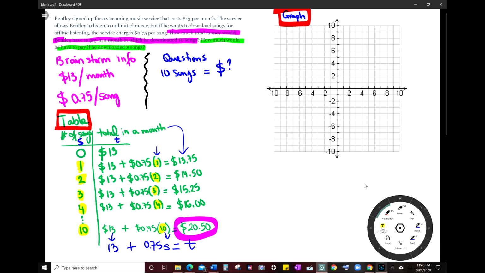Okay, so for the graph method, since we already did the table, we can base it on that too. But what if we didn't have the table yet? We can call the x-axis the number of songs, and the y-axis the total money in a month.